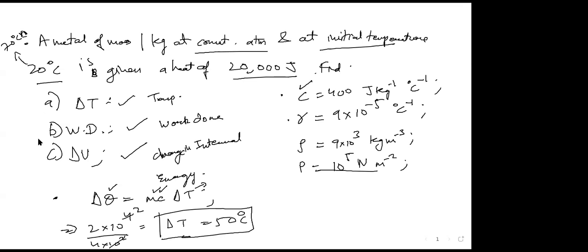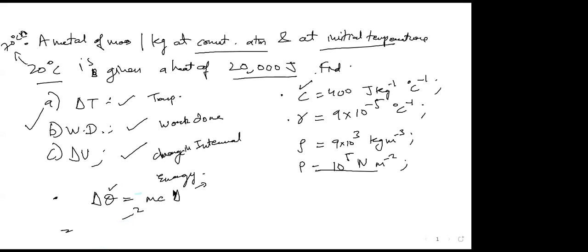Lovely. What about work done? 5 into 10 to the power minus 3. Okay. Tell me, how did you go about doing this? The pressure is given to be 10 to the power 5 and change in volume.